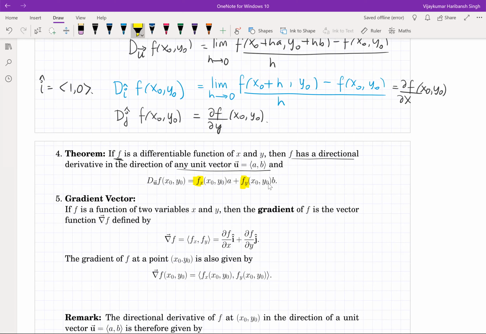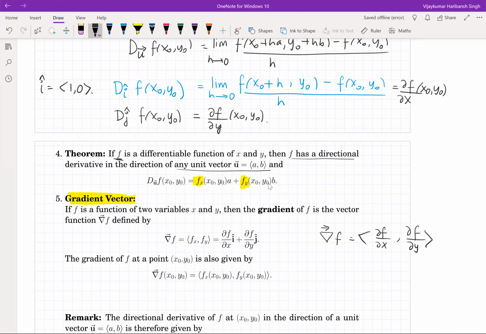So we'll define a new object called the gradient vector to capture f_x and f_y. What is a gradient vector? Consider again f, a function of two variables x and y. Then the gradient of f is a vector, grad f, whose first component is the partial derivative of f with respect to x, and whose second component is the partial derivative of f with respect to y.